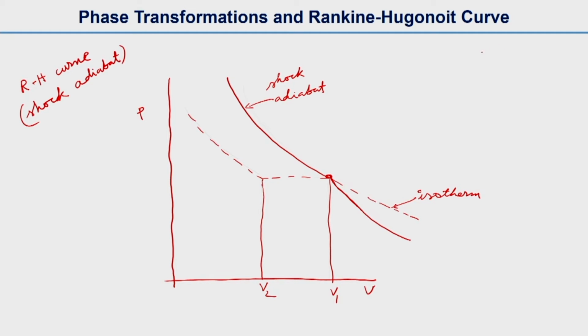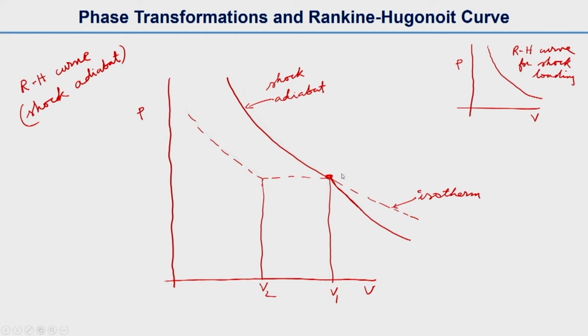In earlier lectures, when we studied shock waves, we saw that for pressure versus specific volume we got a curve like this, which we call the Rankine-Hugoniot curve for shock loading. Now whatever we are drawing here is the same one, but with a discontinuity.